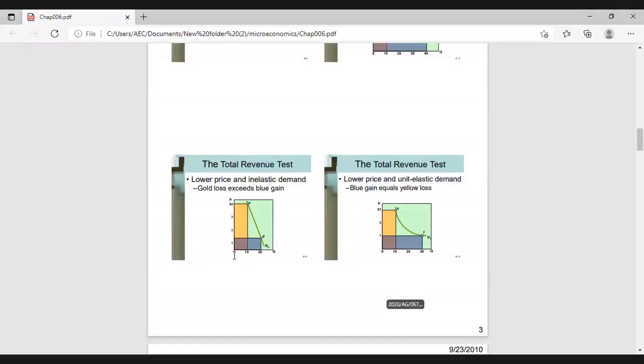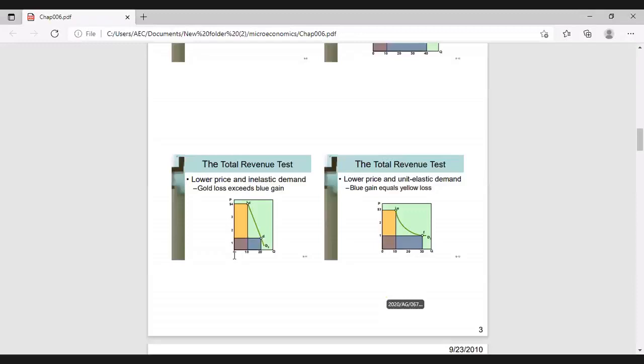In this third case, you can see the demand curve like that. Even when the price increases, total revenue does not change. When the price is 1, demand is 30, so total revenue is 30. The price increases to 3, demand decreases from 30 to 10, but total revenue is still 30.